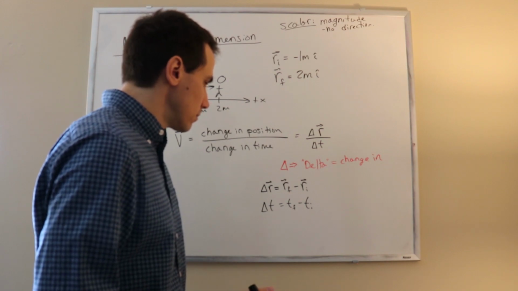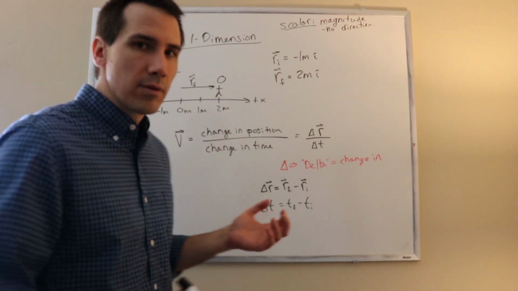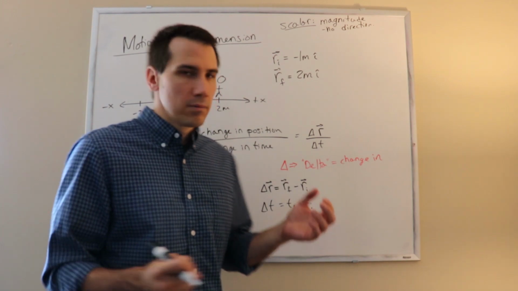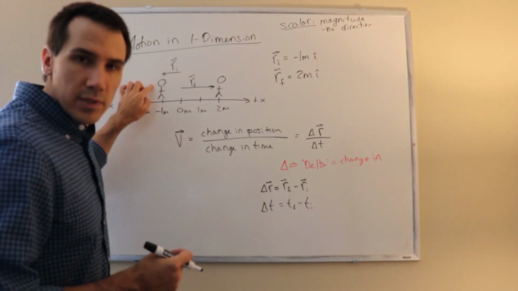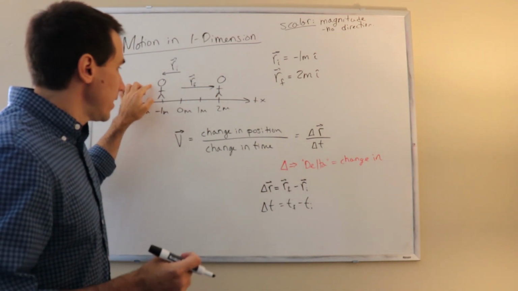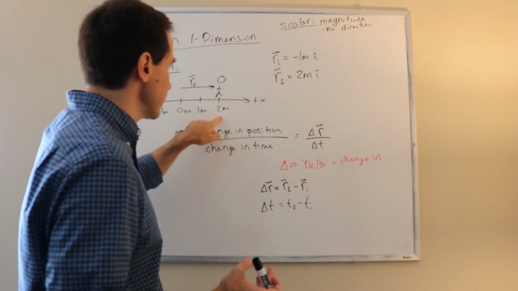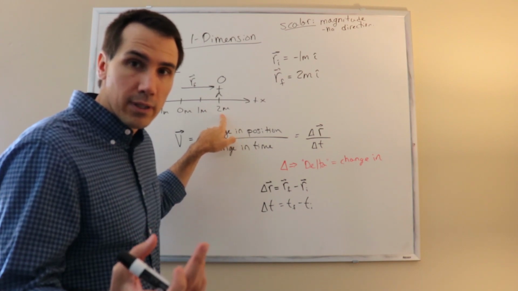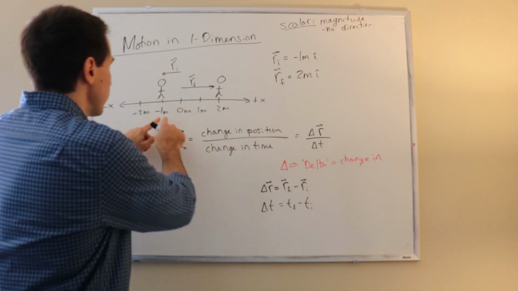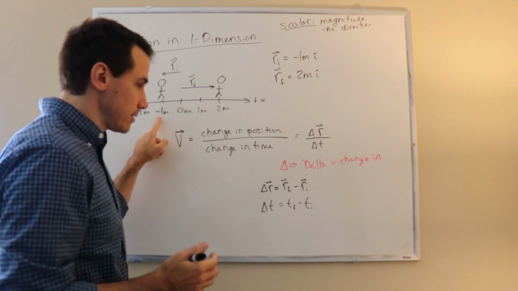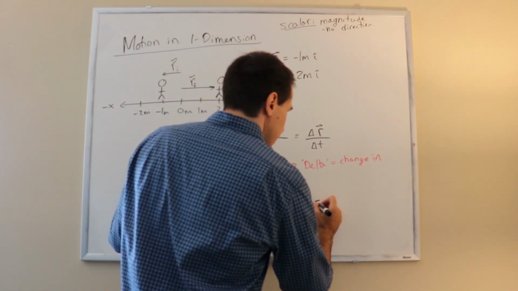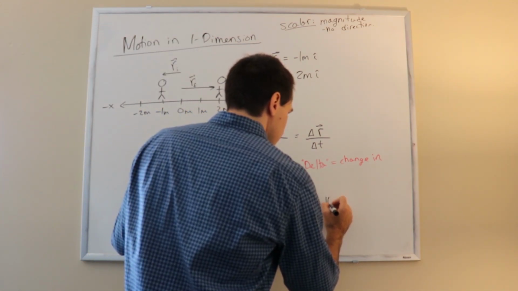Okay, so let's imagine that I see the person here, and then I close my eyes for 10 seconds, and then 10 seconds later I open my eyes and the person is here. So they have moved from here to here in 10 seconds. So in that case, my delta t is 10 seconds.